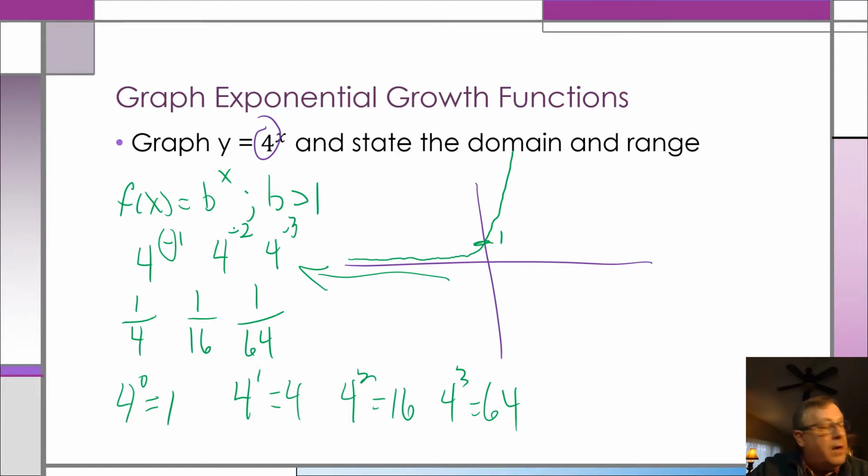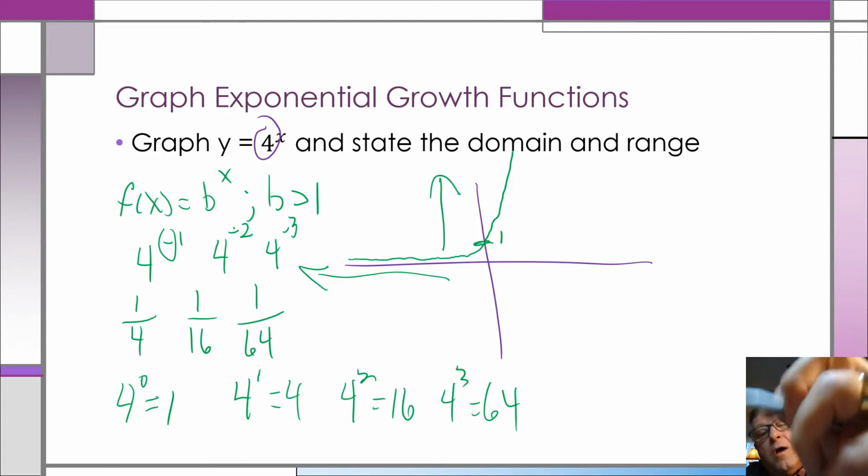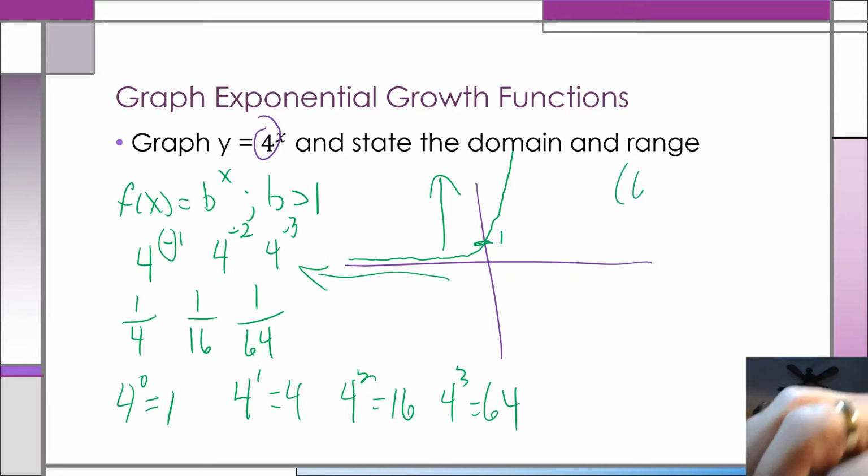What about our domain? Well, our domain is all real numbers. There's nothing that restricts our domain in this base raised to any power of x. But what about our range? You can see that all of our solutions are on the positive side of the y-axis, and so we could say that the range goes from 0, but it never equals 0.